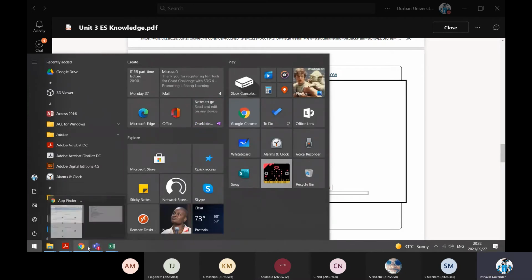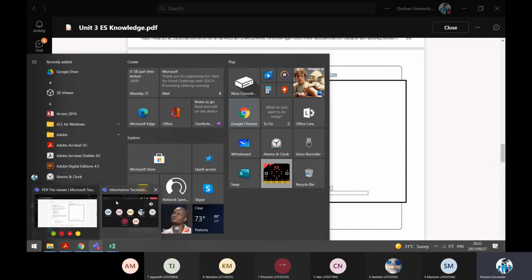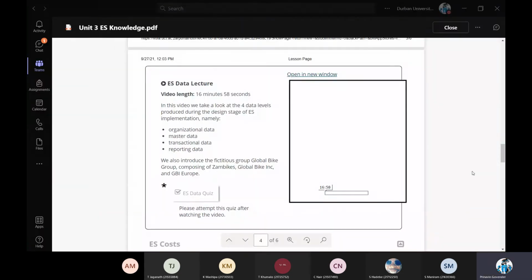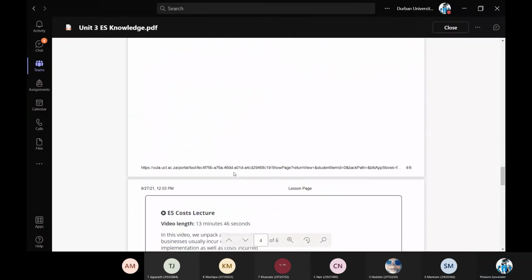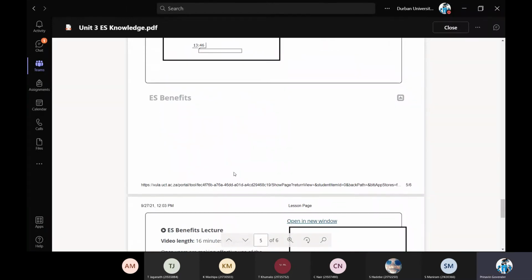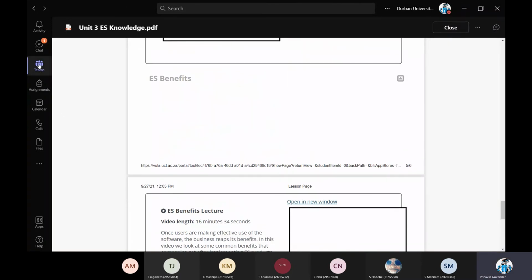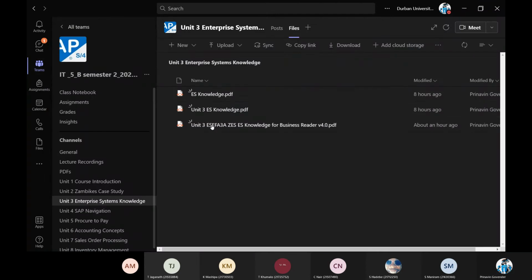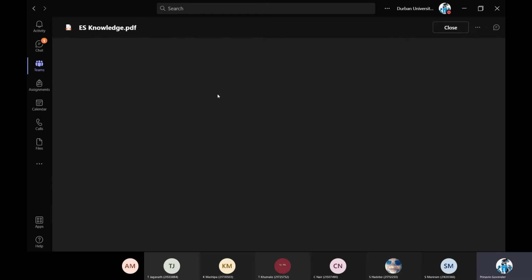That should be under Unit 3, right? And there we go. So please read the 2 PDF documents. Once you complete that, we'll do some practical work on Wednesday.